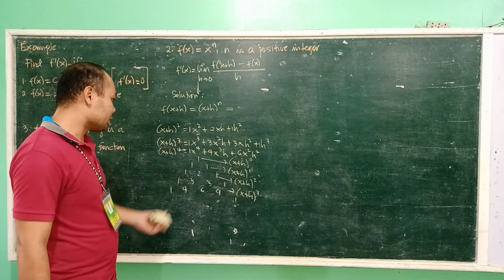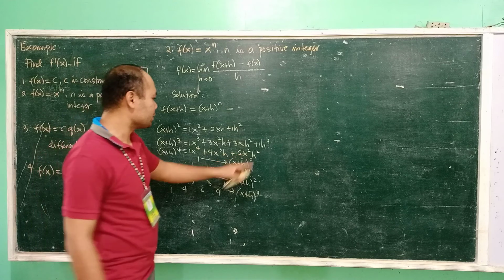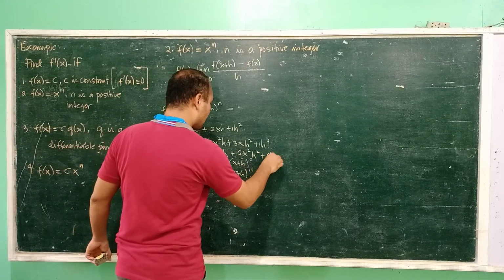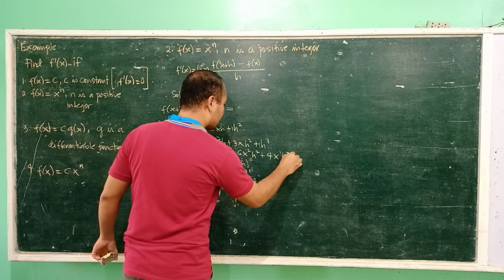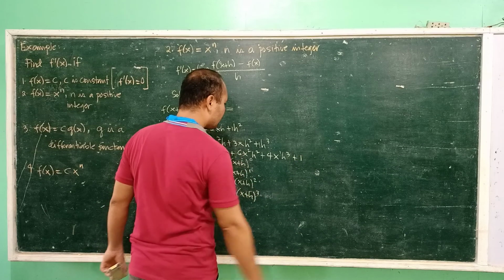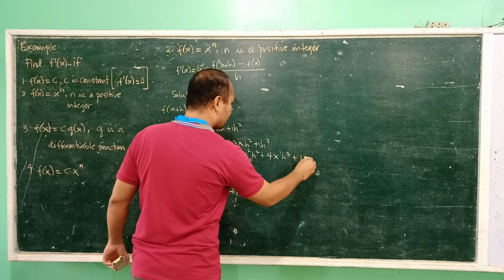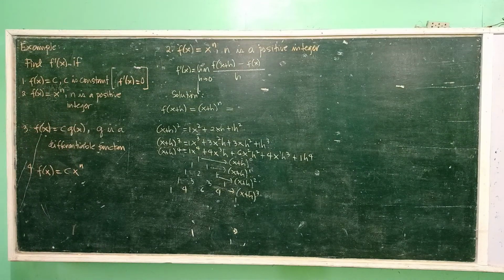Plus 4 x to the 1 h cubed plus 1, x to the 0, that is 1, h to the 4th. Okay, so more or less like that.